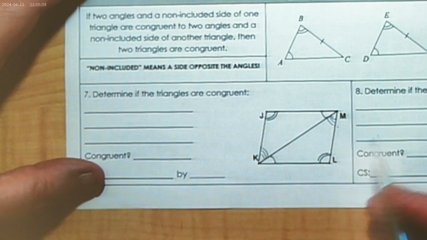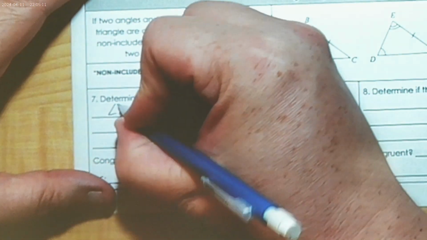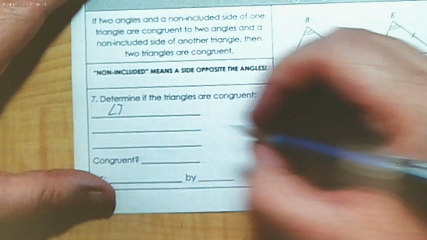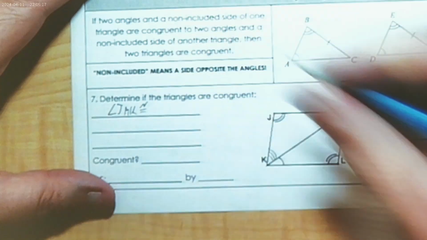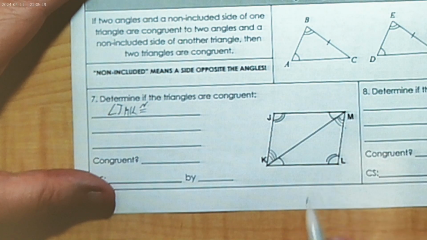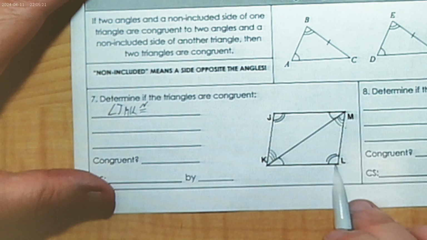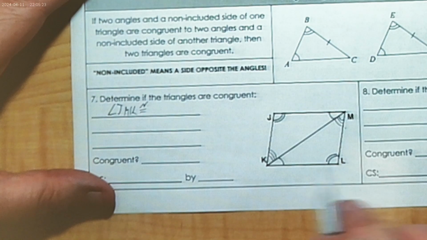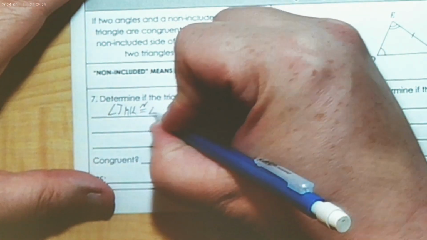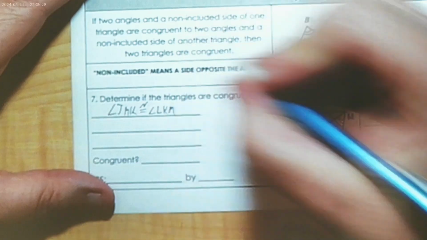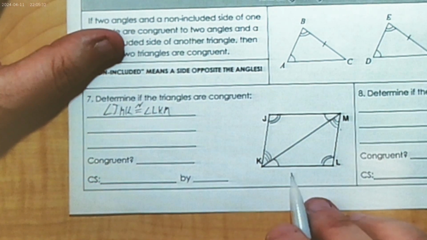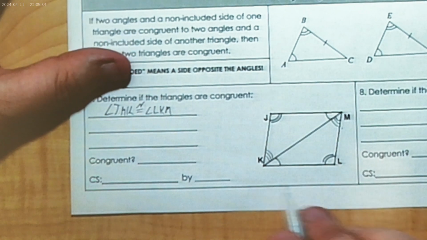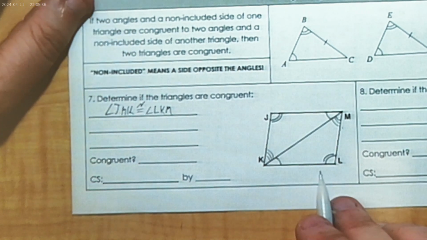So I have angle JMK congruent to angle LKM. And to make sure my references were okay, that's JL.